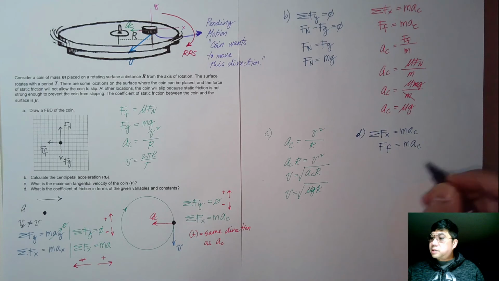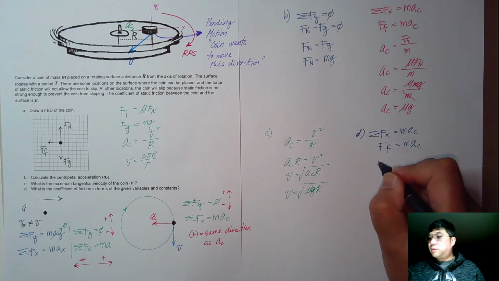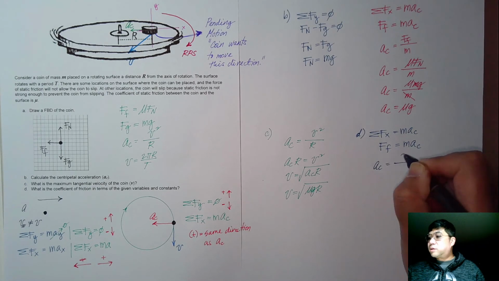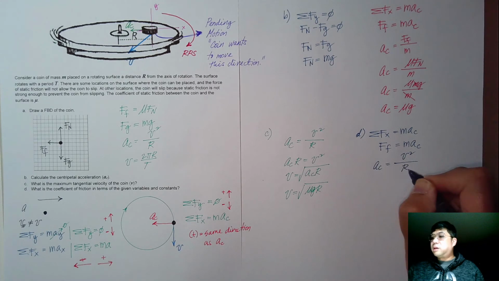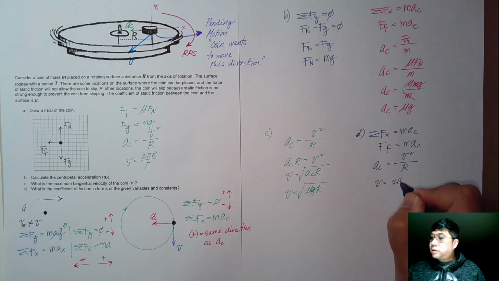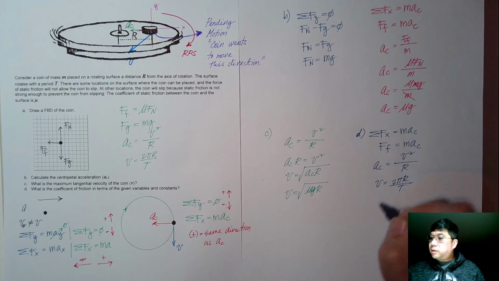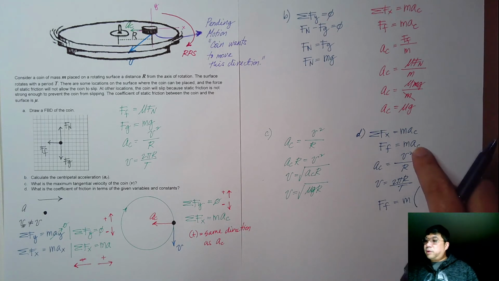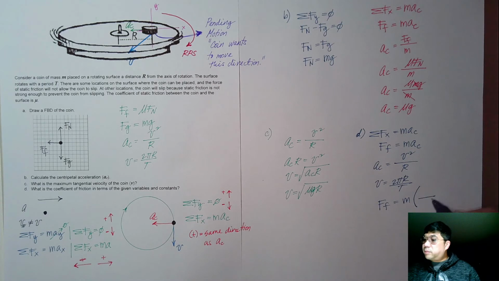But the centripetal acceleration, a of c, is simply equivalent to the square of the velocity divided by r. But since velocity is also 2 pi r over t, now we can plug in the value, saying that the force of friction is equivalent to mass times the square of the velocity, so this one is divided by r.